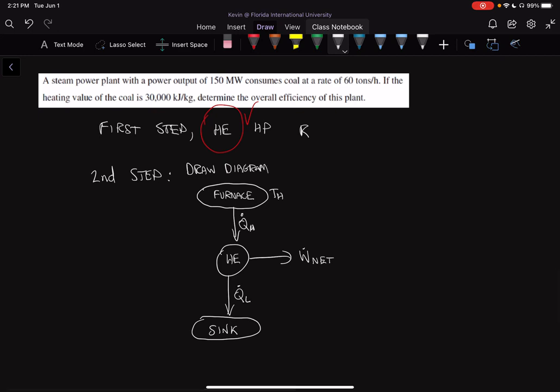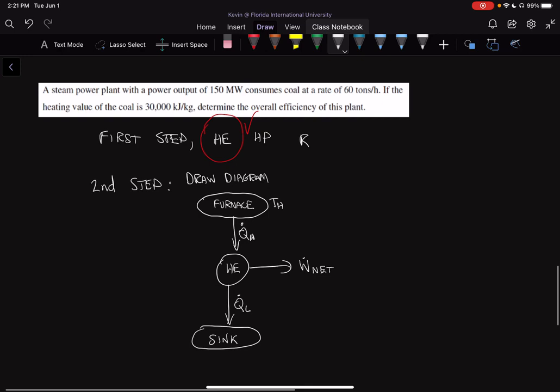Now the third step in our problem, I'll write it here on the left, is to write out all information on the diagram.